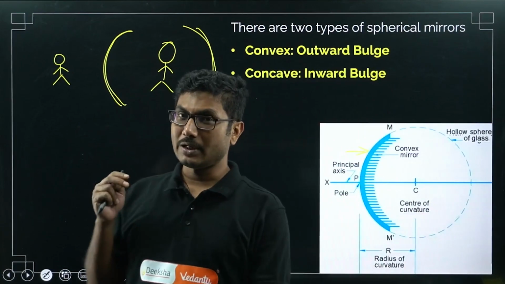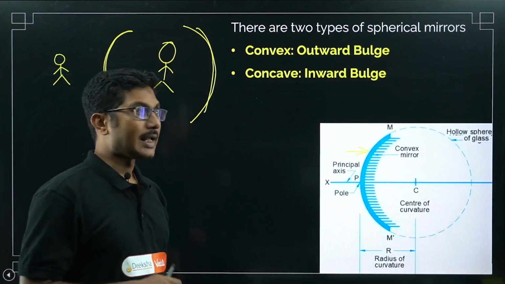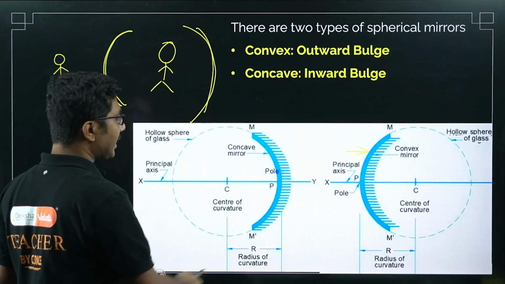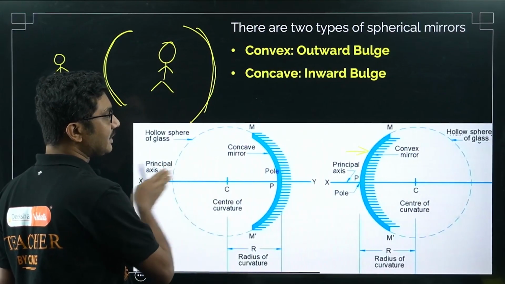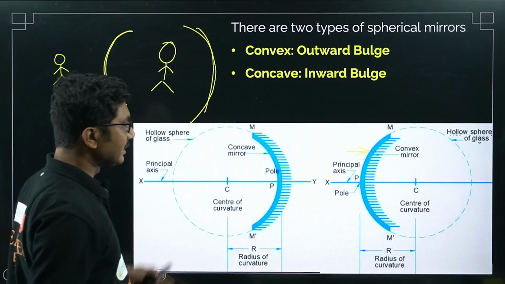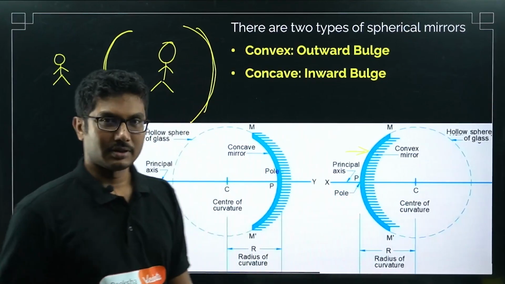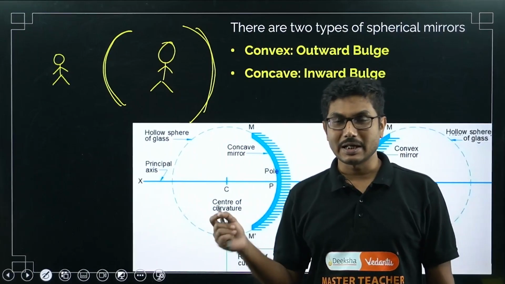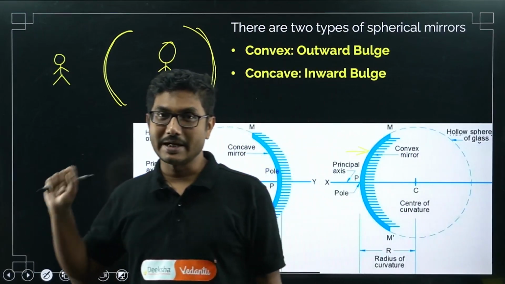So you have to be close to it to identify what type of mirror it is. A concave mirror, as I said, is curved inside. So you are standing here, you will see this is curved. So this is a concave mirror, this is a convex mirror. I hope the confusion, if you had any about convex and concave, clears right now.